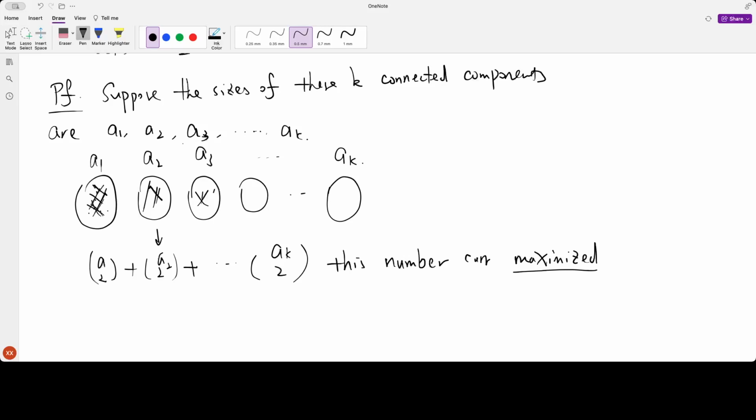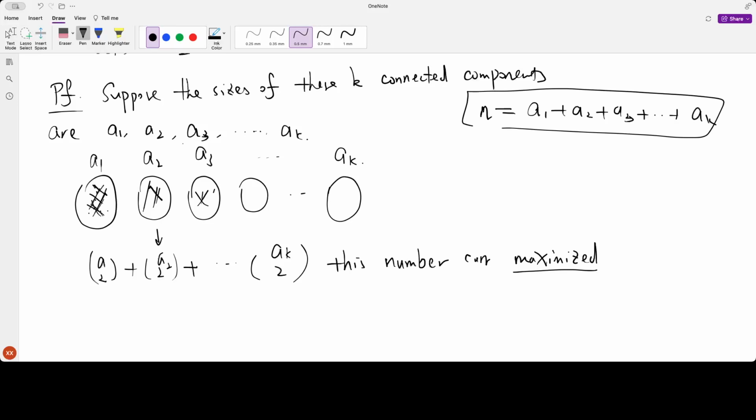When I say maximized, I mean that you change the values of A1, A2 until Ak. So far we only know that n, the total number of vertices, equals the sum of A1 plus A2 plus A3 until Ak. So we only know this, and we have the right to change the values of A1, A2 until Ak.